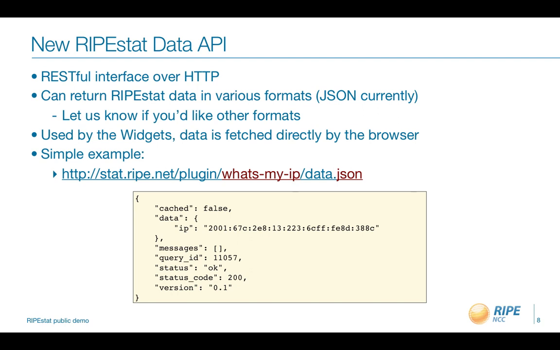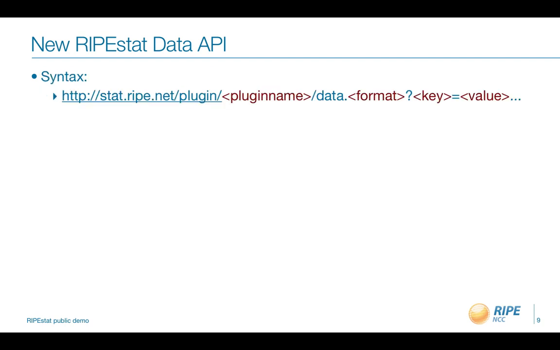In the data field, it shows you your IP address, which is the plugin that you asked for, and you see some other meta information, such as if this information is cached, what is the version of the Data API, etc. So the syntax: you can specify the plugin name, the format, and all the attributes that are required for this service.